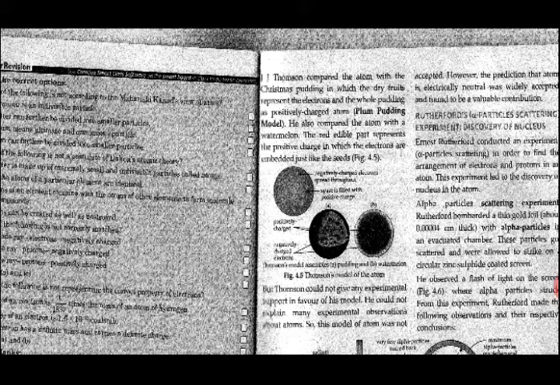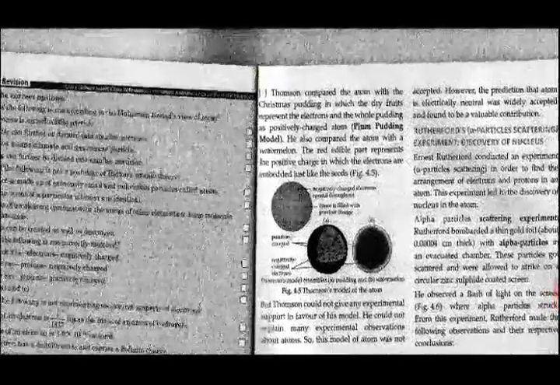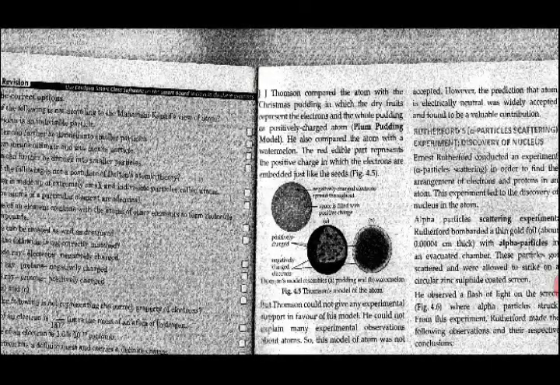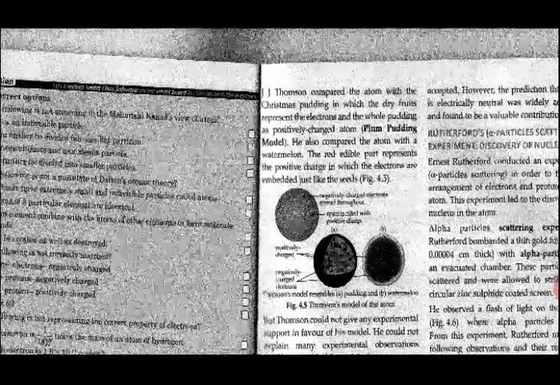You just have to give this much, that is, J.J. Thomson compared the atom with the Christmas pudding, in which the dry fruits represent the electrons and the whole pudding as positively charged atom model. So here till here you have to write, and along with that you have to draw this diagram also. That is the first paragraph on page number 45.